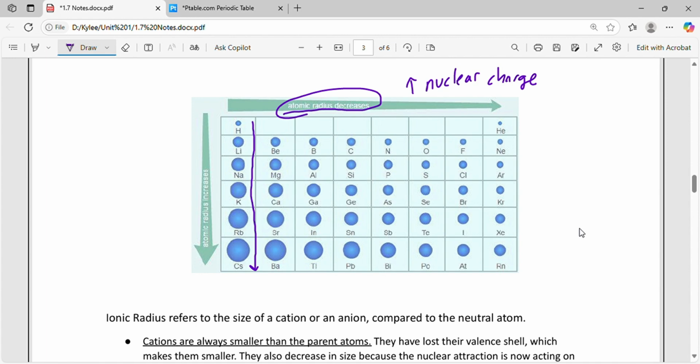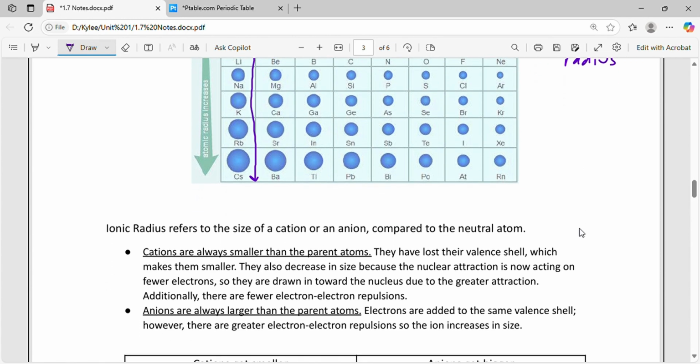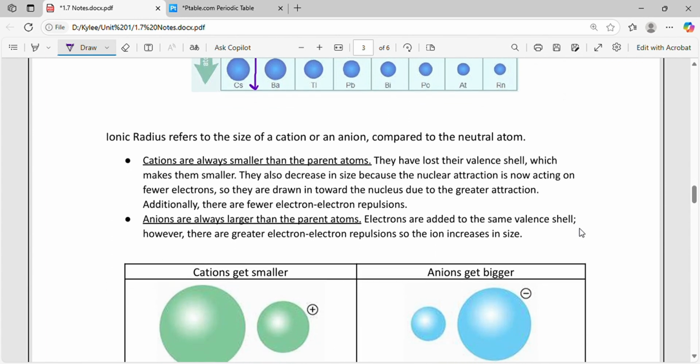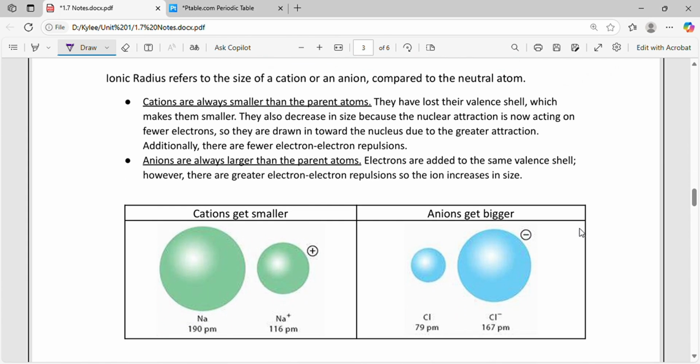So an increased nuclear charge means an increase in attraction to the nucleus, and that's going to result in a smaller radius.